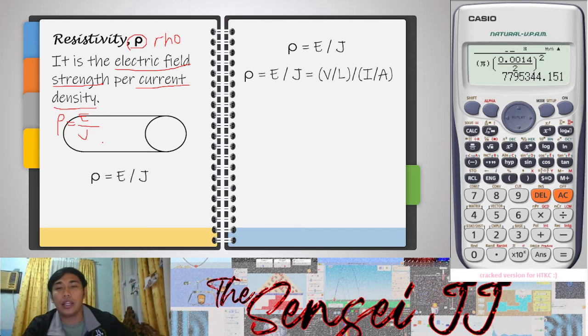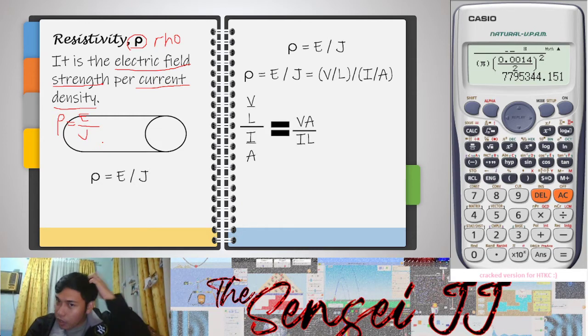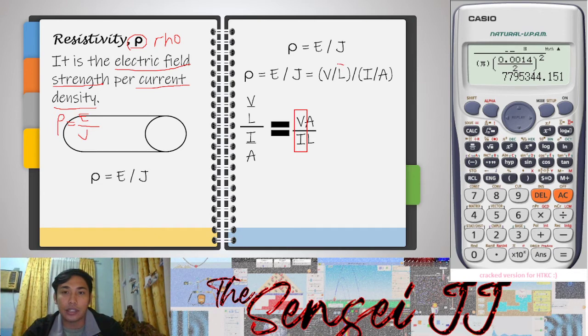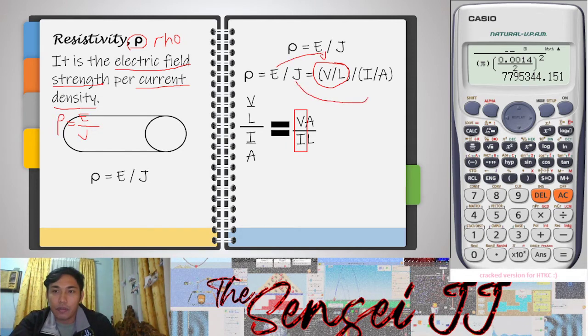So we have here our E all over J, which is the formula for our electric field is V over L, and we have our current density I over A. So here is our electric field strength V over L, and we have here our J, current all over area.